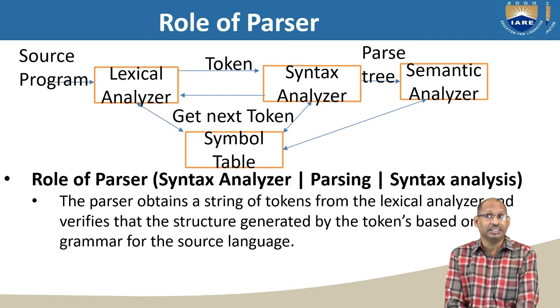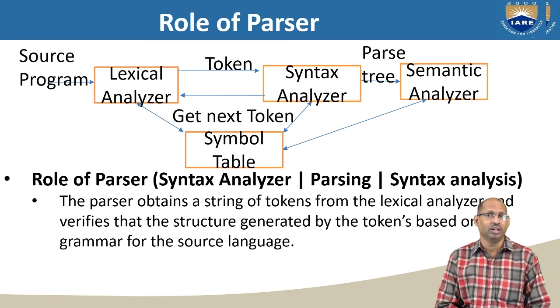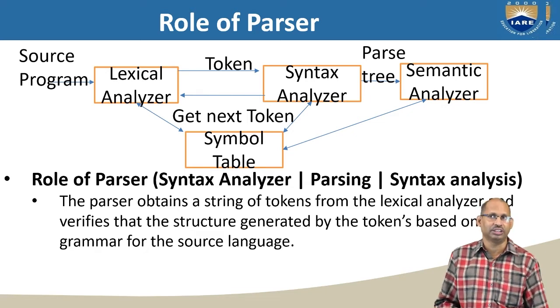The parser program consists of the context-free grammar production rules, which resemble the syntax of the programming language, and the grouping of these tokens will result in a parse tree. So the output of the syntax analyzer is parse trees.